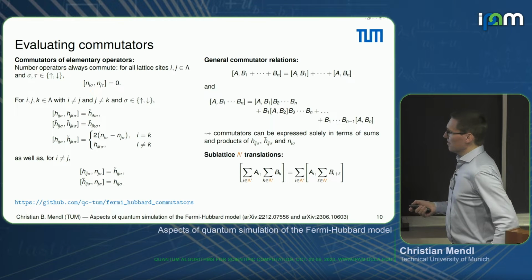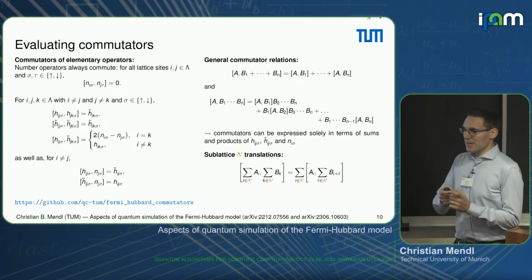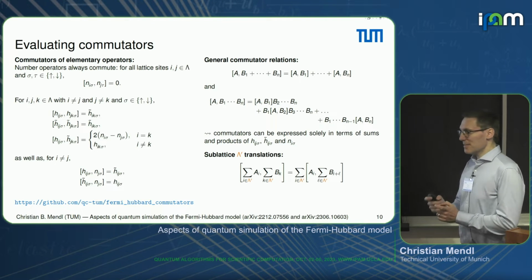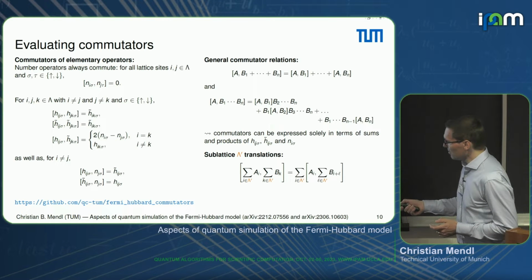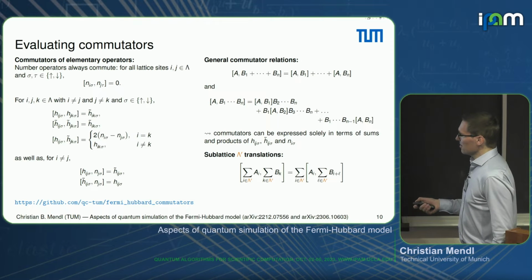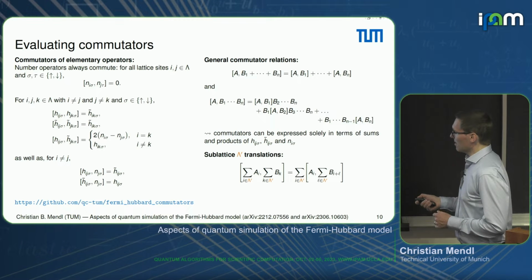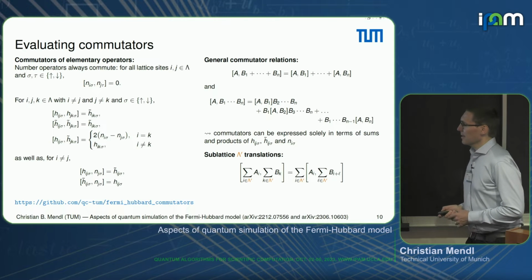When we implement this in some Python program, we don't want to store an infinite sum, so we just store one instance and implicitly assume that we still have to take the sum over the sublattice lambda prime. Now we use a simple identity: if you have a commutator of two of these sums, you can write it like that. You move one of the sums to the outside, and what you need to compute in practice are commutators of A_i with translated copies of the B_i.